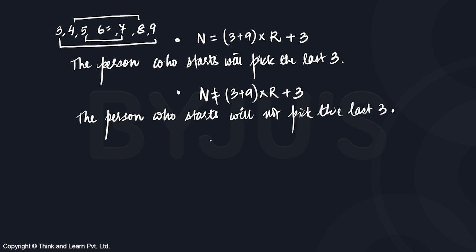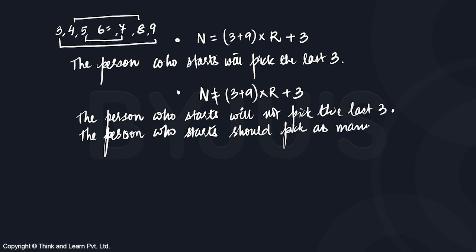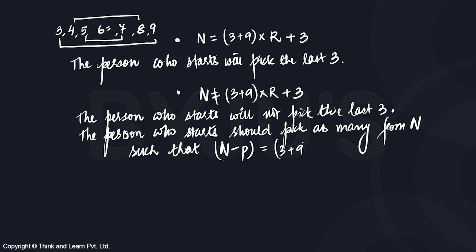In this scenario, the person who starts should pick as many from n such that, let's say p is the pick done by the first person, such that n minus p is of the form 3 plus 9 into r plus 3. If it is possible to get the remainder as 3.